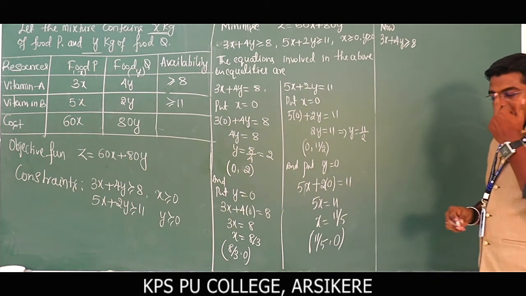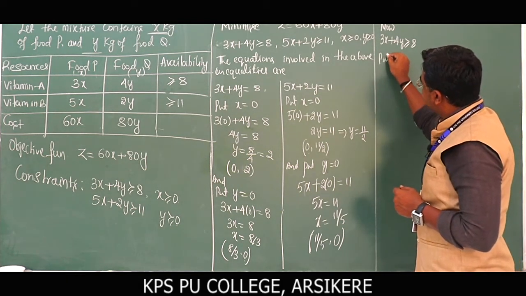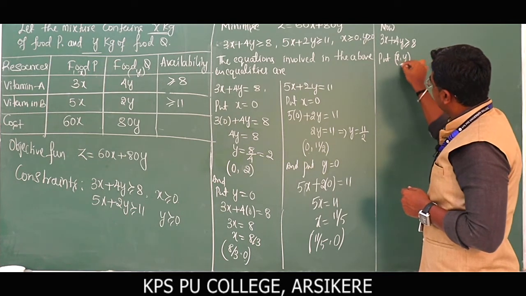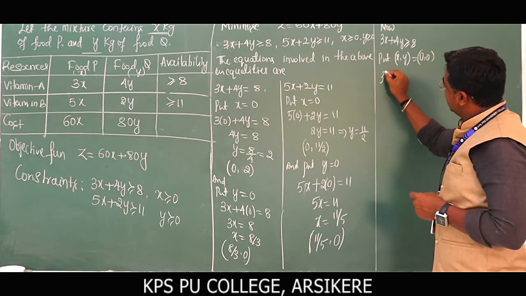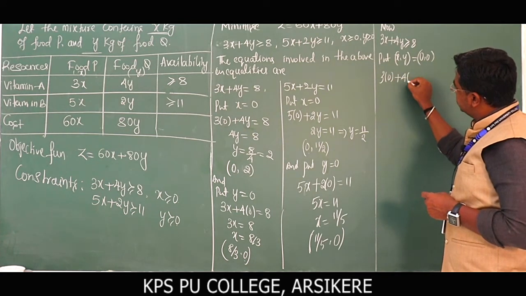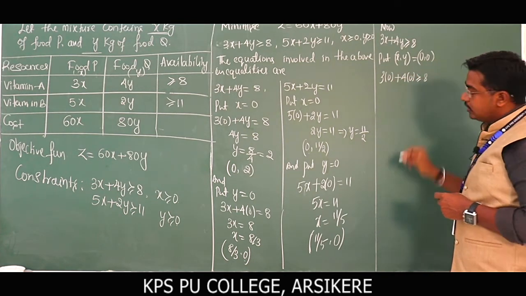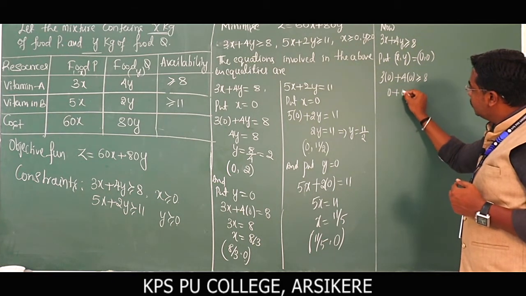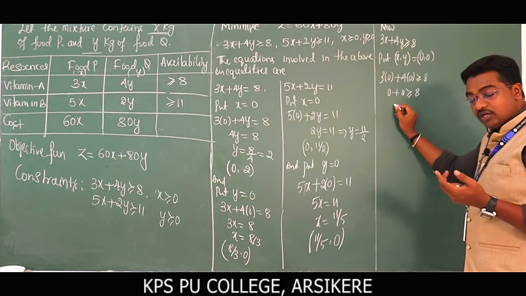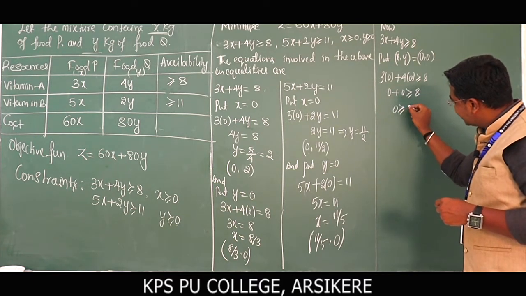Substitute x is equal to 0 and y is equal to 0. Put x comma y is equal to 0 comma 0. So 3 into 0 plus 4 into 0 greater than or equal to 8. That is 0 plus 0, which is 0, greater than or equal to 8.